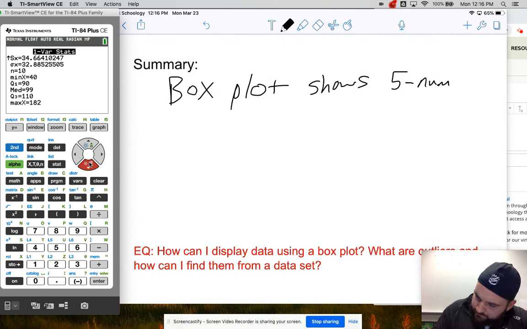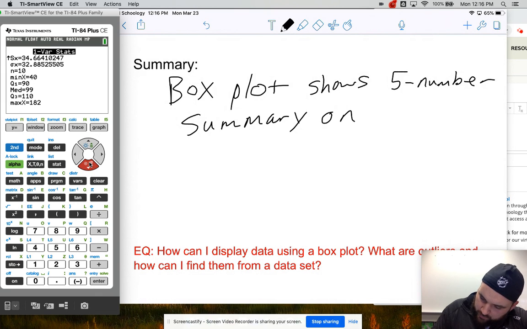5-number summary on a number line. And then outliers.